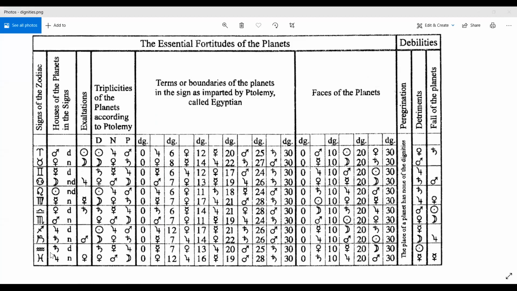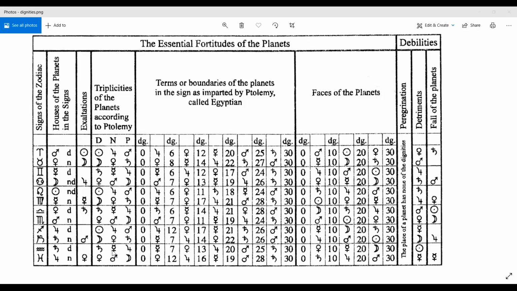I see that Saturn gets 5 points for domicile. No one is exalted, so no one gets 4 points. It's a nocturnal chart, so Mercury gets the 3 points. Now, like I said, there are two systems.